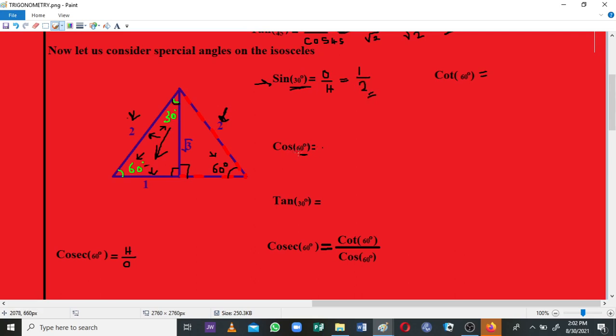When we come to cosine 60 degrees, cos 60 degrees is right there. The side which is opposite to this angle is the square root of 3, right? Now we know that cos is equal to adjacent over hypotenuse.